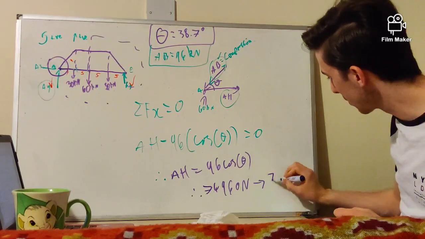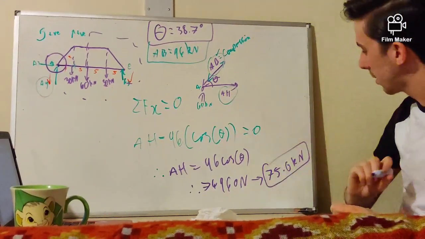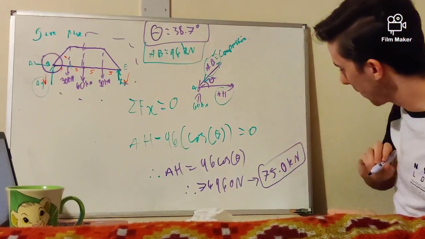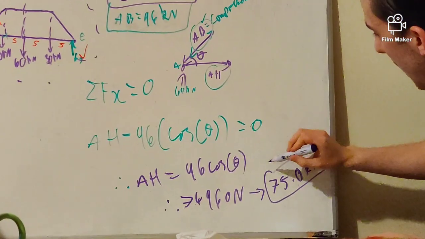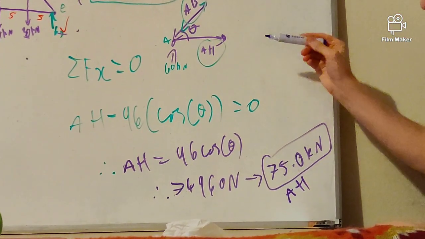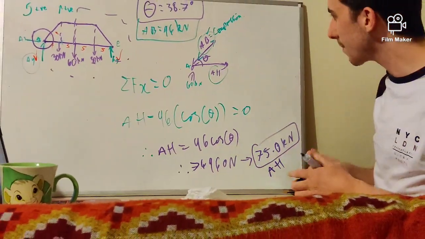I can simplify it down to 75.0 kilonewtons. Can you see that? That's not really a 0, it's a 6, but that's a 0. So I can now determine that AH is 75 kilonewtons. That's its member reaction.